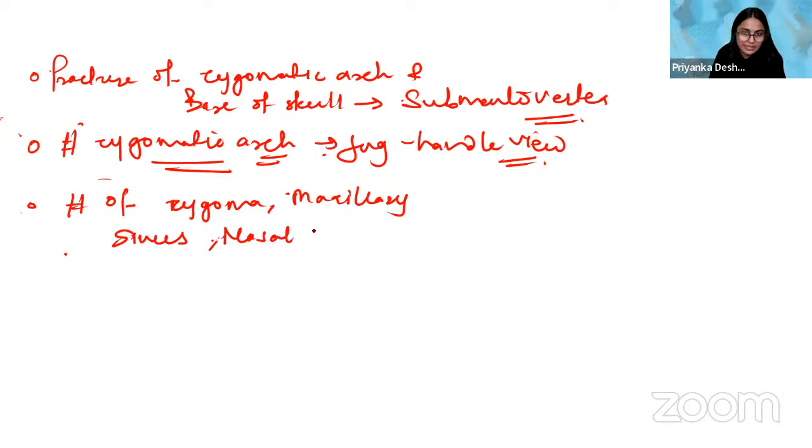Fracture in the nasal septum, okay, will be seen in the Waters view. Okay, so Waters view will be the best for your fracture of zygoma and maxillary sinus or nasal septum. All right.